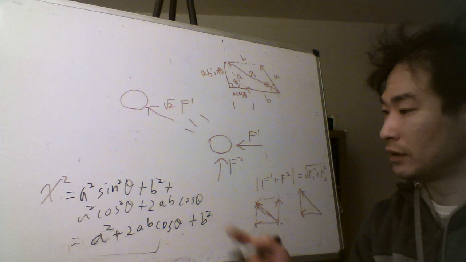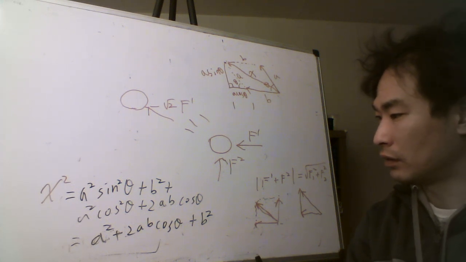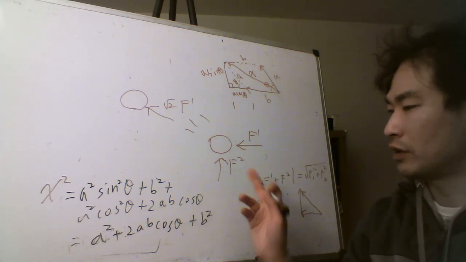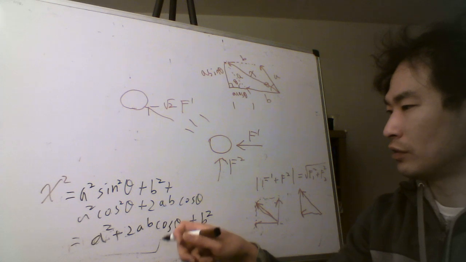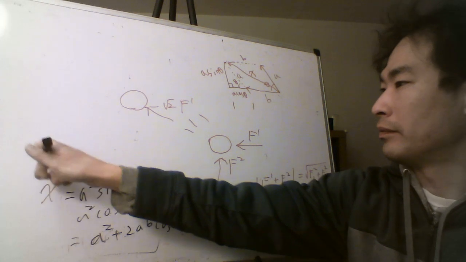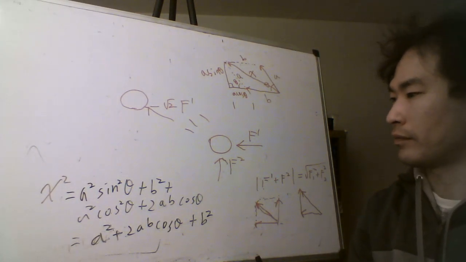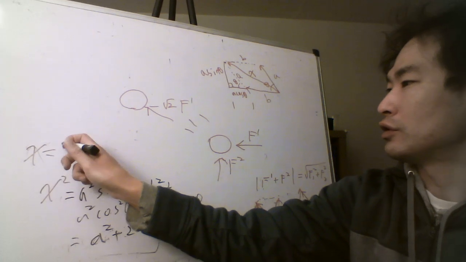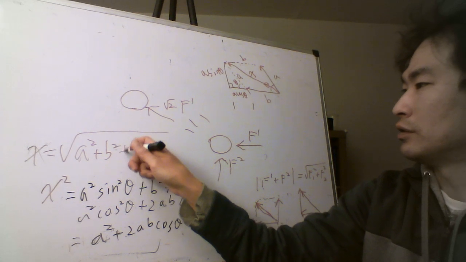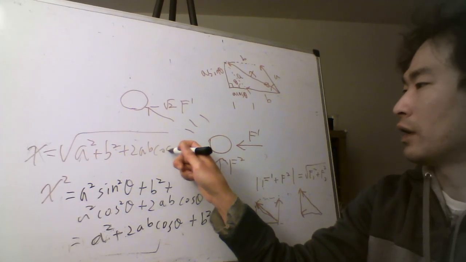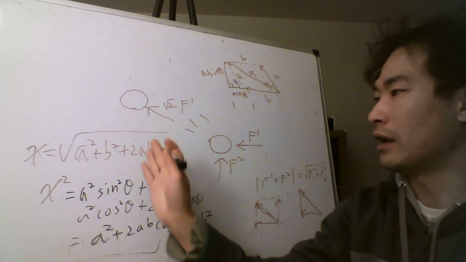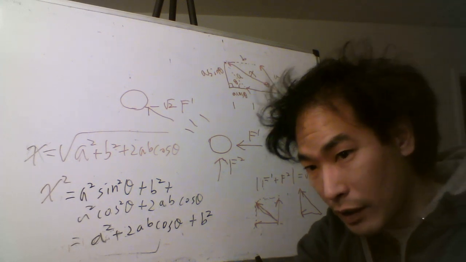Where A is equal to B? Okay, then A squared, A squared, A squared, it goes out. So A times X, so X is equal to, oh, it's running out. X is equal to square root of A squared plus B squared plus 2AB cosine theta, okay? If A and B are equal, you have A get out of the square root, right? Can you see this?